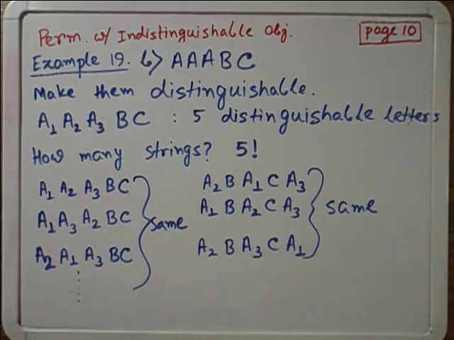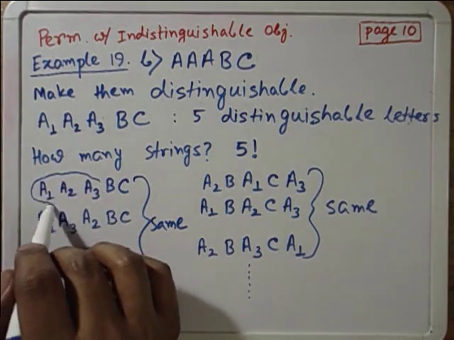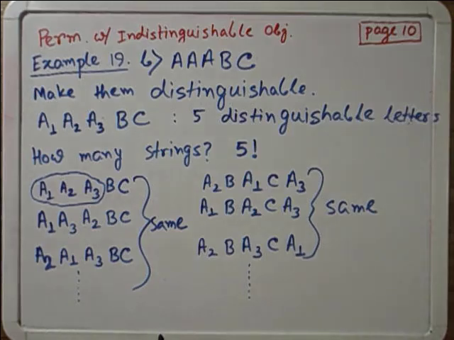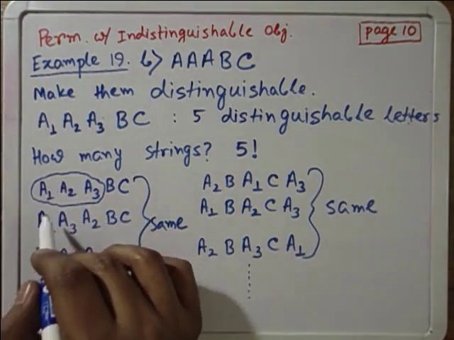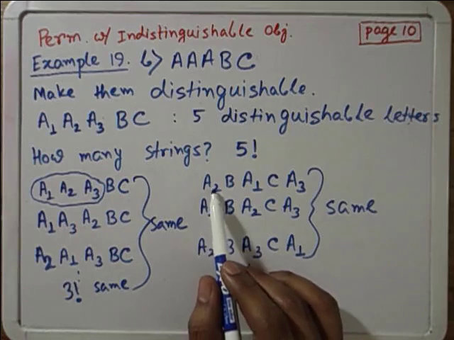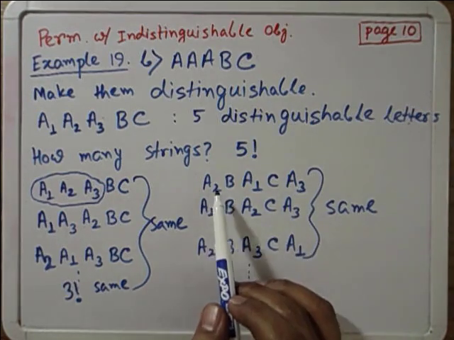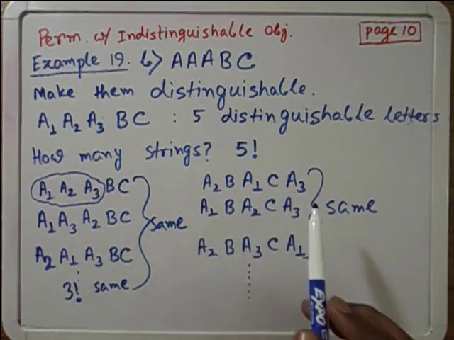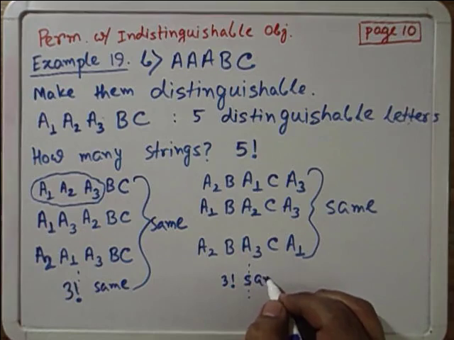So how many of these are here that are same? So if you see A1, A2, A3 and all their different permutations, they are actually same. So there are actually 3 factorial of these that are same. Similarly here A2, A1, A3. And if you just focus on the A's, all different 3 factorial permutations, they are all same.